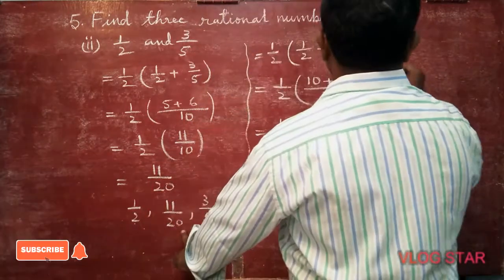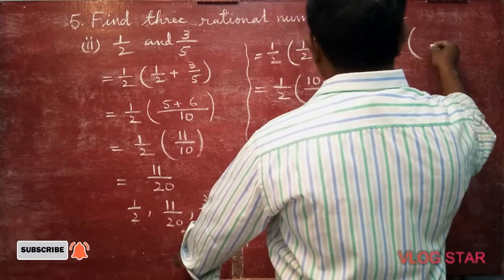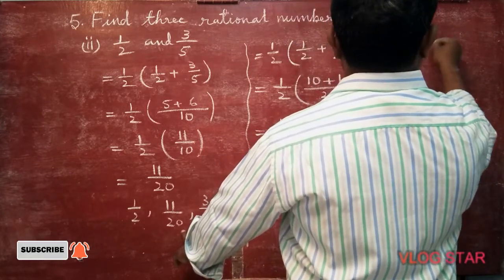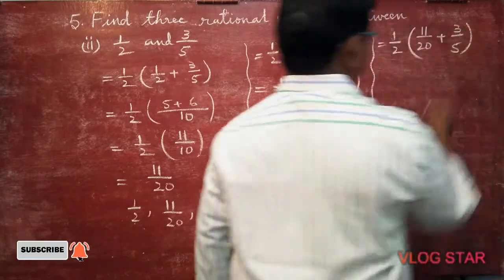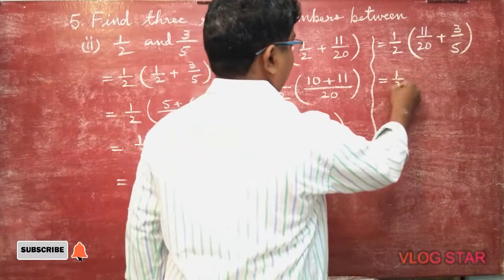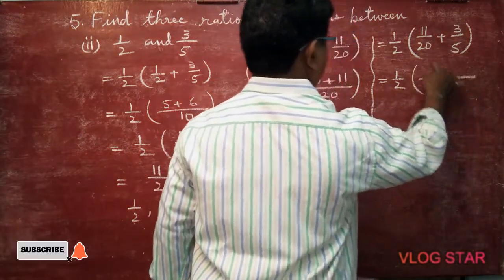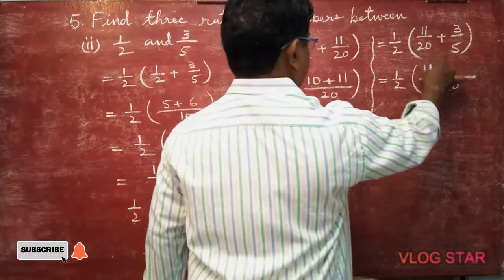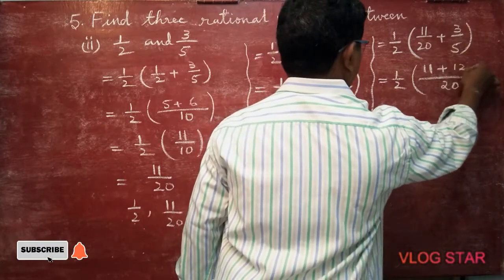Coming to the next, between these two, that is equal to half of 11 by 20 plus 3 by 5. Are you able to follow? Now, that is equal to half of, again 20 will be the LCM. 20 goes in 20 one time, 1 elevens are 11, plus 5 goes in 20 4 times, 4 3s are 12.